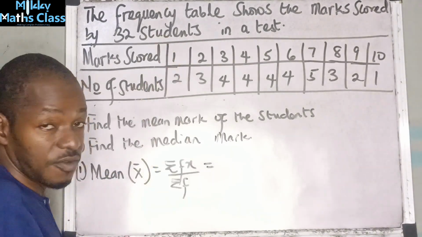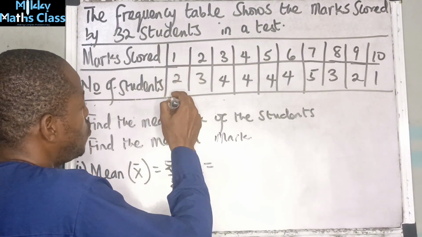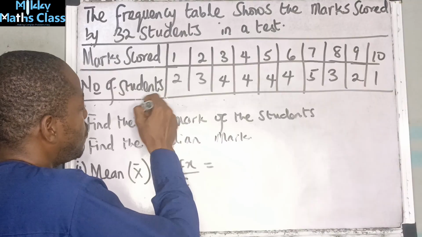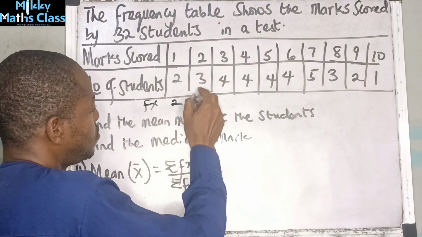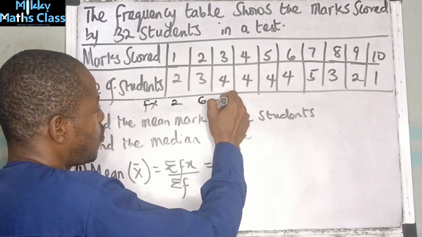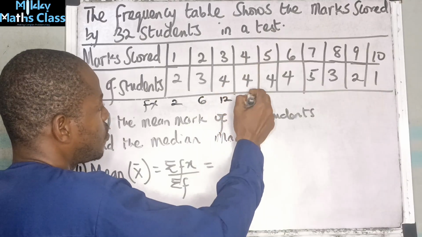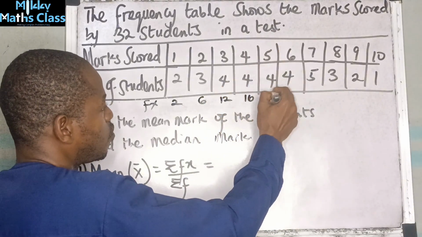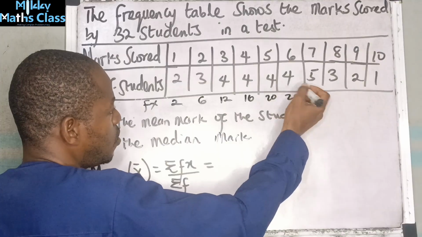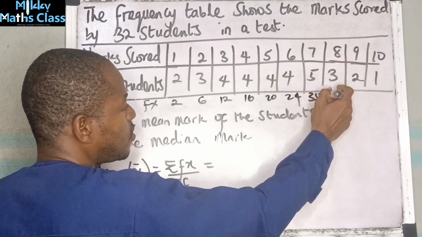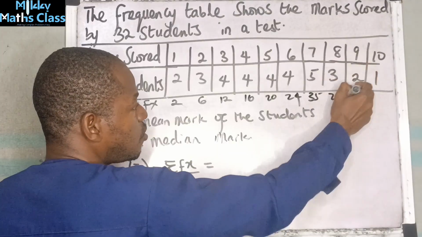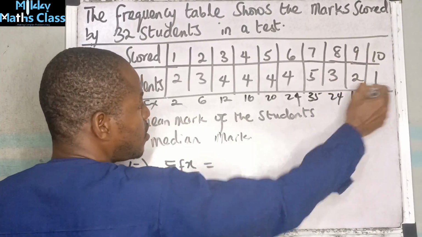So let's look at fx. 1 times 2 is 2. 2 times 3 is 6. 3 times 4, 12. 4 times 4, 16. 5 times 4, 20. 6 times 4, 24. 7 times 5, 35. 8 times 3, 24. 9 times 2, 18. 10 times 1, 10.